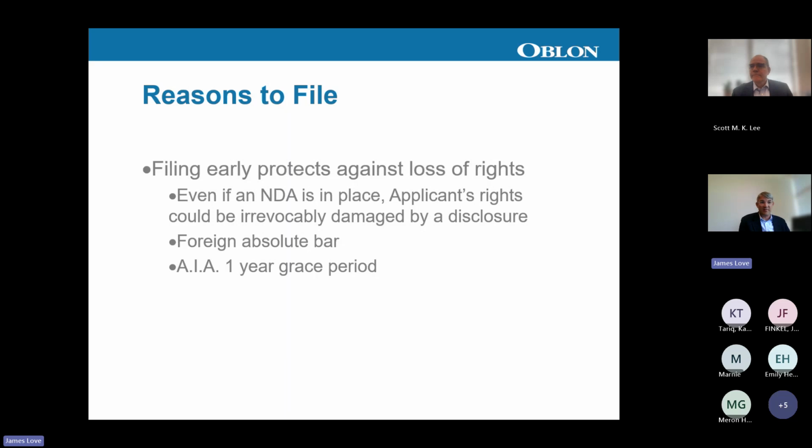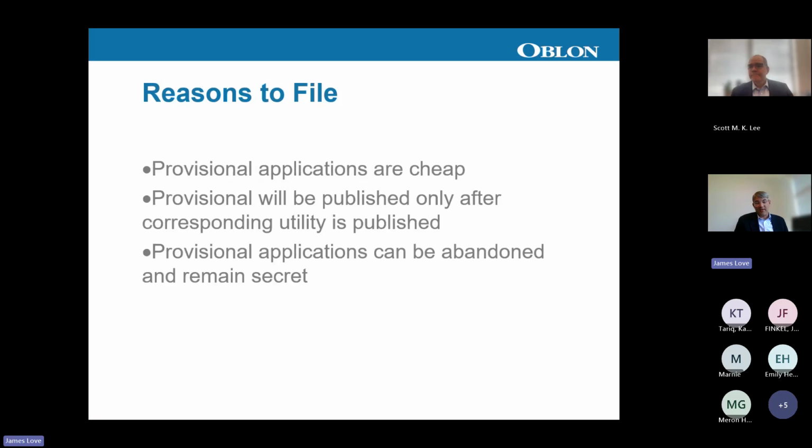With the NDA, you would be able to sue them contractually, but that's not going to protect you with regard to other third parties. As I mentioned before, the US has a grace period. So even if you disclose something, you have 1 year to file your application, but in foreign countries, it's not necessarily the same thing.